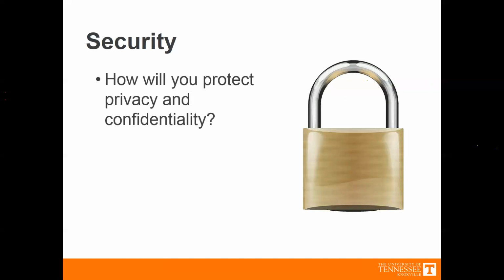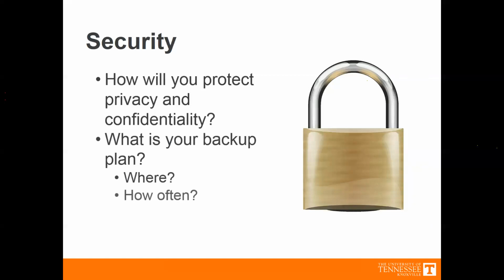And also, if you have to get IRB approval for your data, you talk about that here as well. And what is your plan for backing up the research data? You want to answer two questions specifically: where do you plan to back up your data, and how often do you plan to back it up?